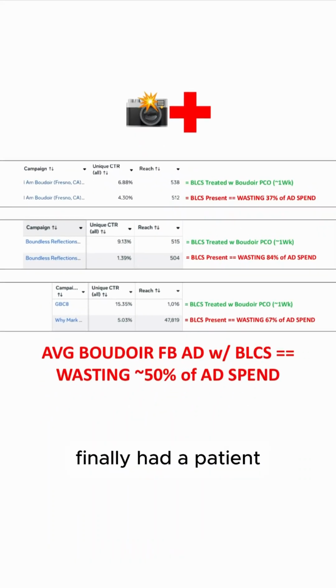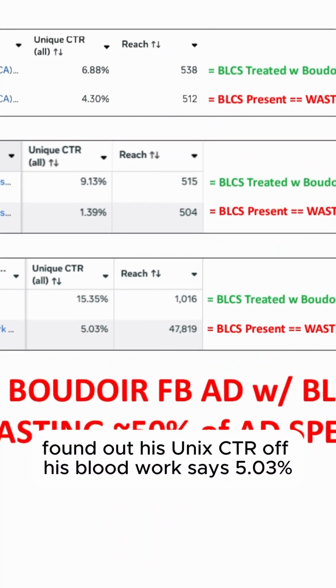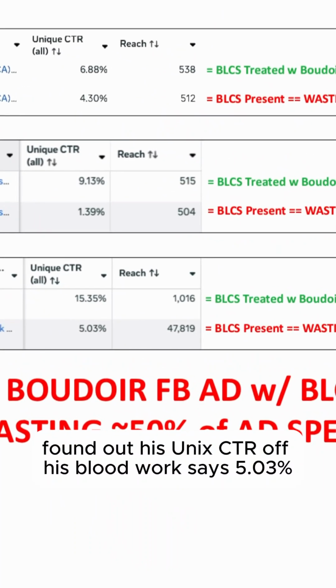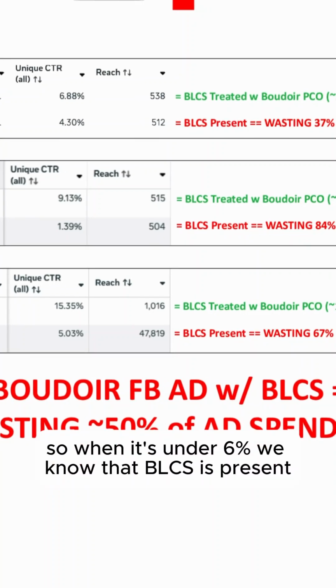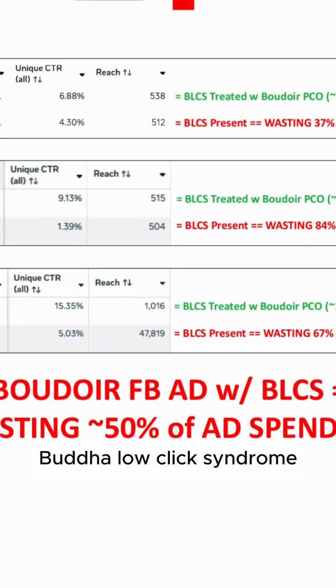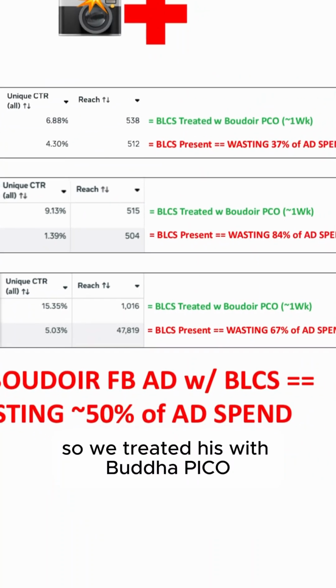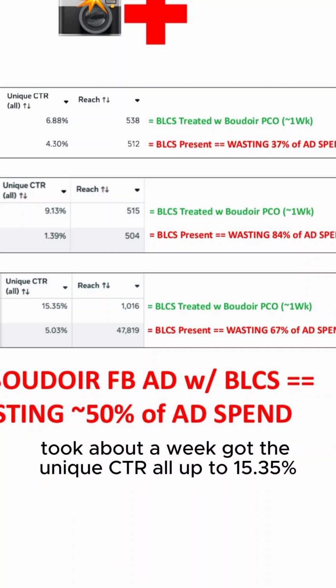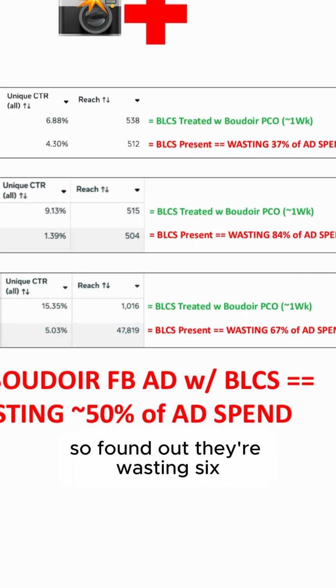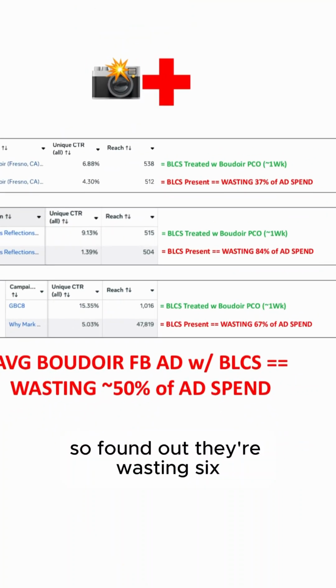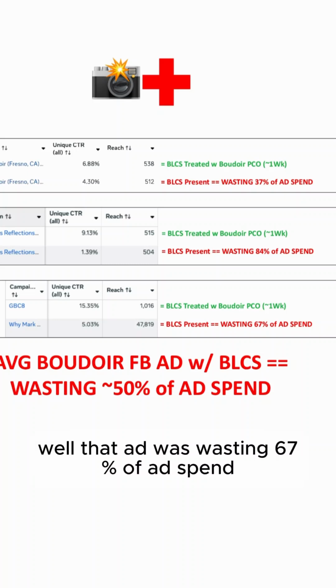Finally, I had a patient where I found out the unique CTR of his Boudoir Facebook ads was 5.03%. So when it's under 6%, we know that BLCS is present, Boudoir low click syndrome. So we treated his with Boudoir Pico, took about a week, and got the unique CTR up to 15.35%. So we found out that ad was wasting 67% of ad spend.